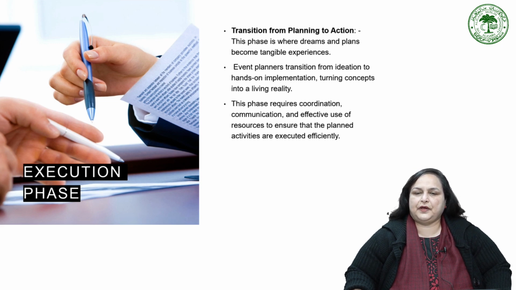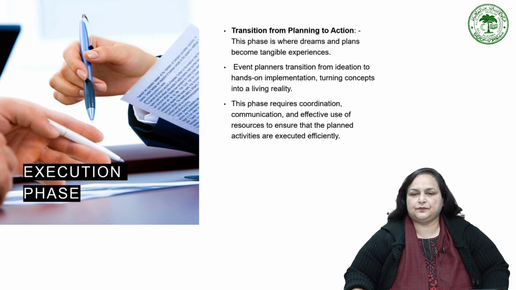The execution phase of events hinges on the effective implementation of documents and administrative instructions. These tools provide the structure and guidance needed to transform plans into reality. From the meticulously crafted event run sheet to the practicality of participant lists and badges, each document contributes to the orchestration of a seamless and memorable event.